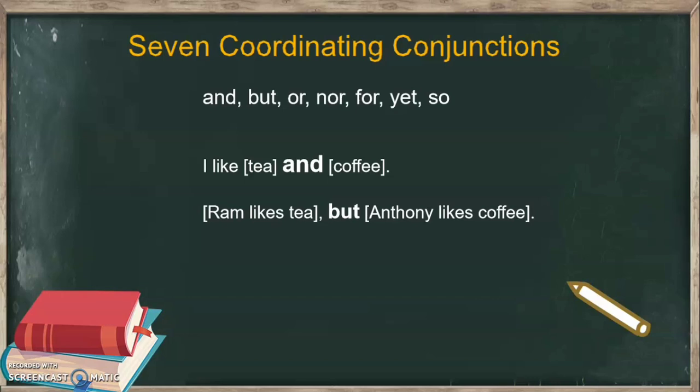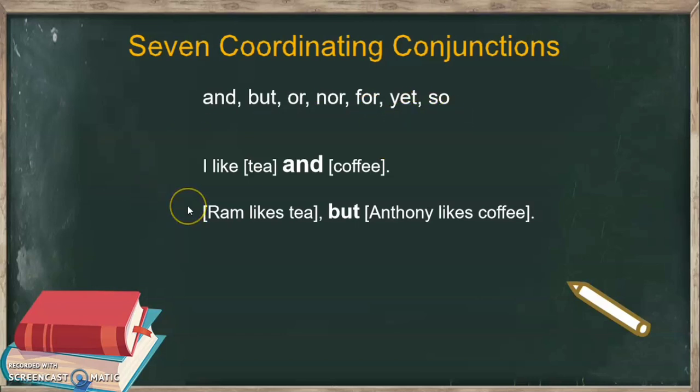But then you forgot, what are those conjunctions? So memorize, not just memorize, learn these words. Let us read. Say: and, but, or, nor, for, yet, and so.